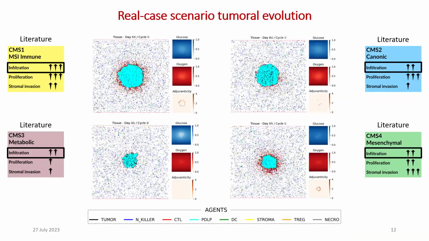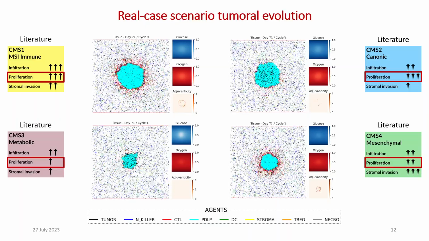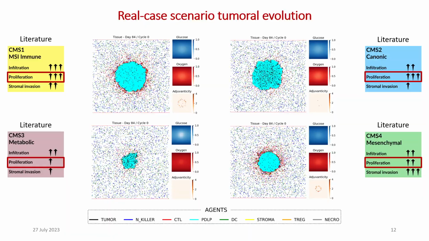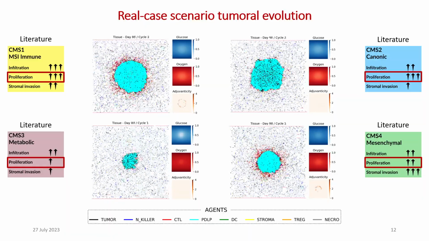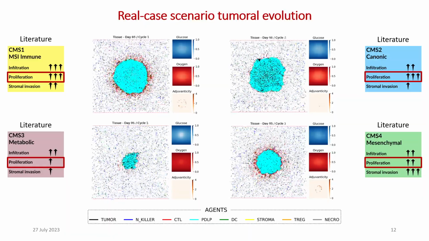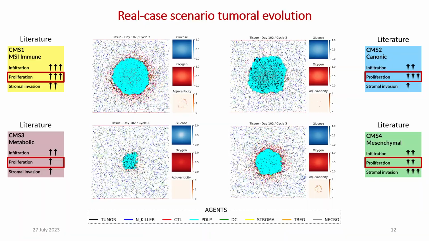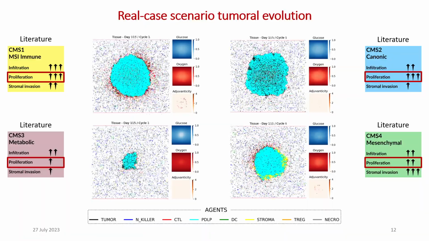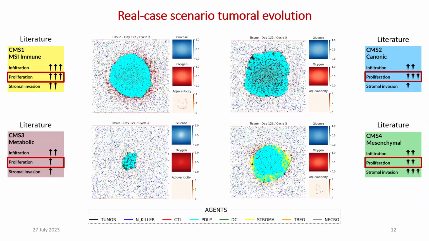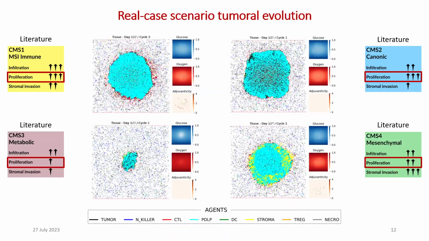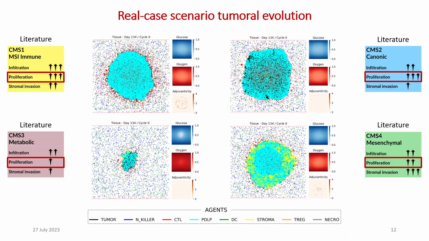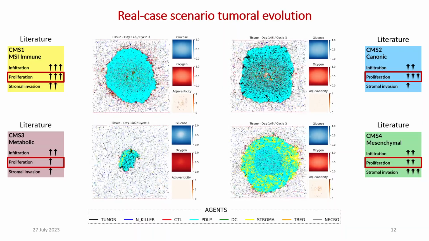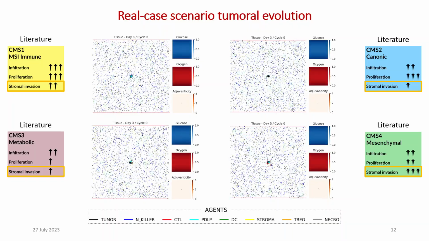CMS2 instead presents a low and constant proliferation, while CMS3, which is consuming a lot of glucose, removing nutrients from other cells, remains much more localized. And then, finally, in CMS4, it is shown how a strong stromal invasion is able to promote the tumor growth.